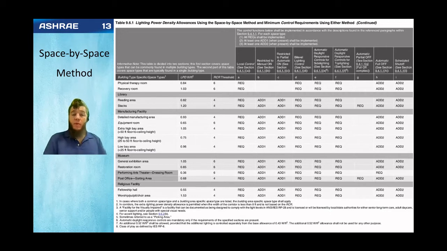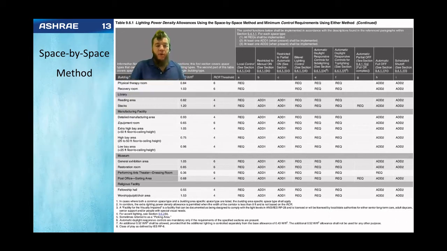So there's a couple aspects here. Somewhat similarly to the IES Handbook, you're going to have a hierarchy for looking these values up. So we start right here with building type.